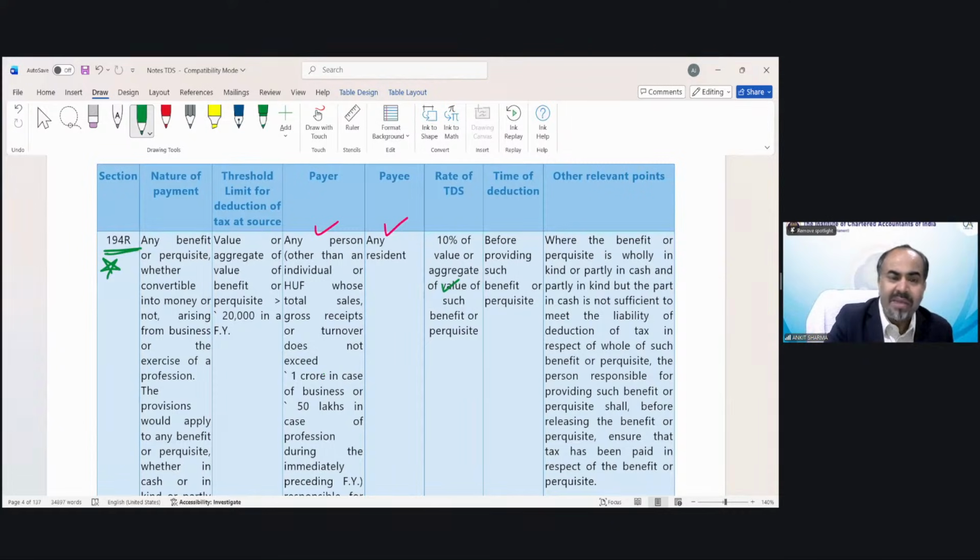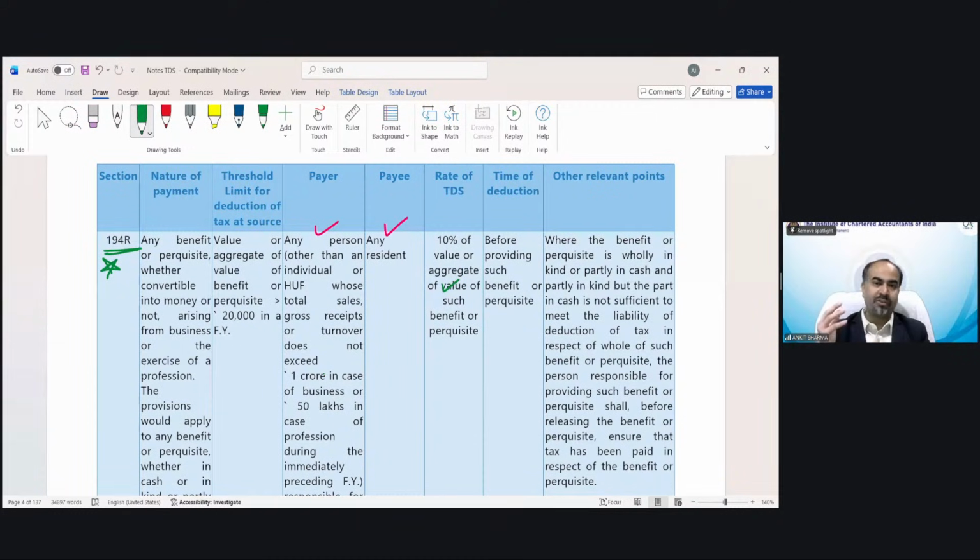Now, if an employer provides any benefit or perquisite to an employee, in that situation, that perquisite does fall under the employee's salary head of income. And because it becomes part of your salary income, it becomes part of the TDS provision under Section 192.